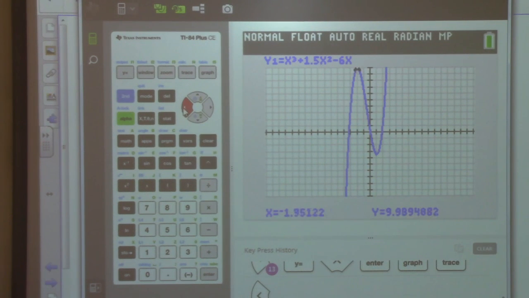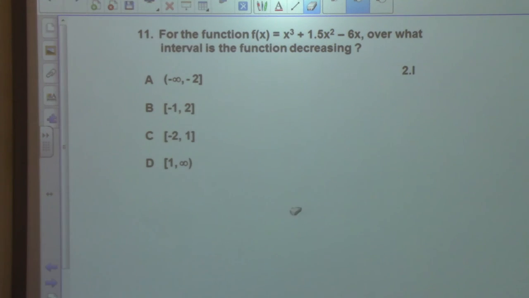You can kind of see that we have a maximum here at about -2, and then a minimum down here of about 1. So -2 to 1 will be our answer. So -2 to 1, answer choice C. Okay?